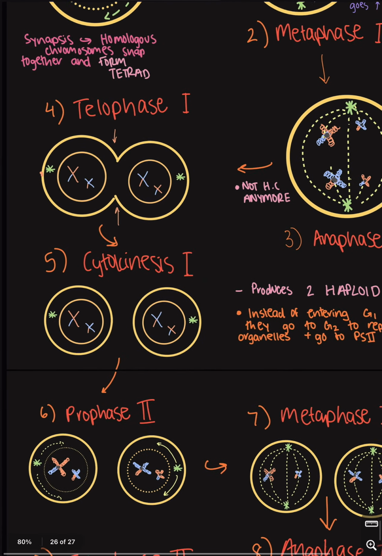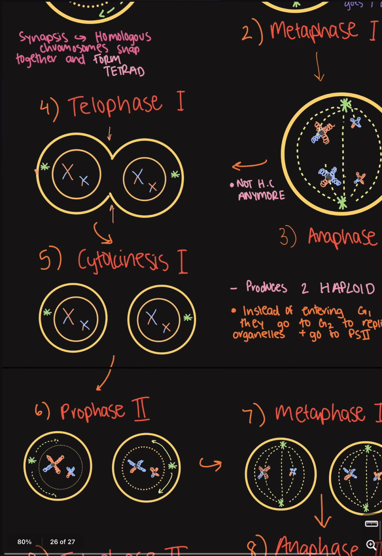But these 2 cells are considered haploids. They're not considered diploids. Even though you see, oh my god, there's two, how is it not a diploid? But the definition of a diploid is that both chromosomes of the homologous pair are there.